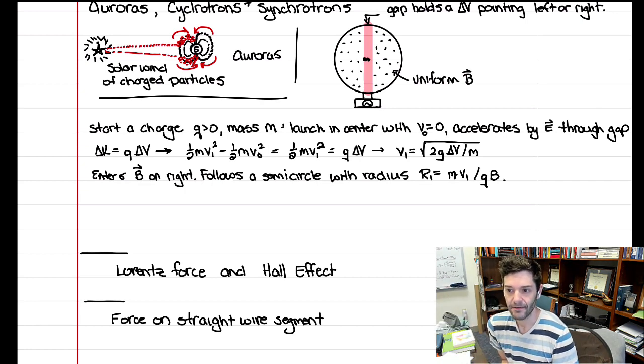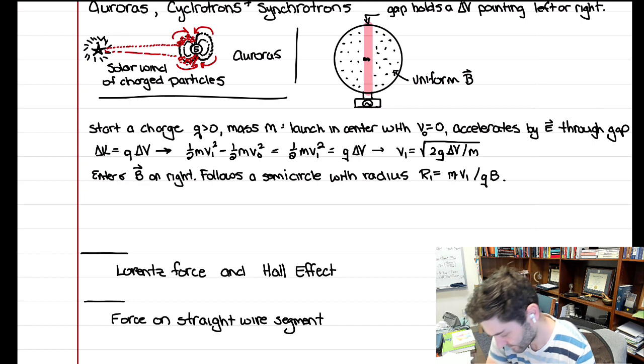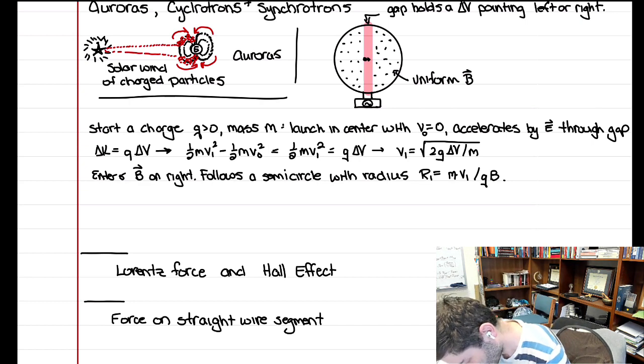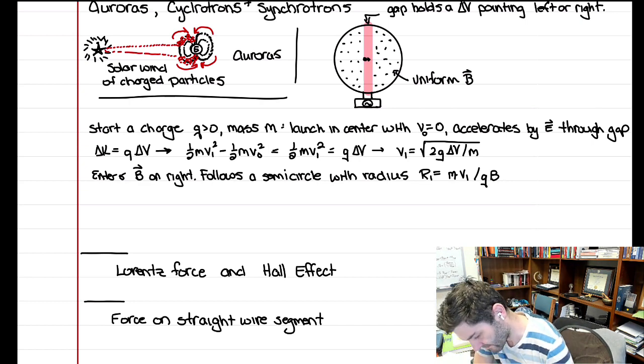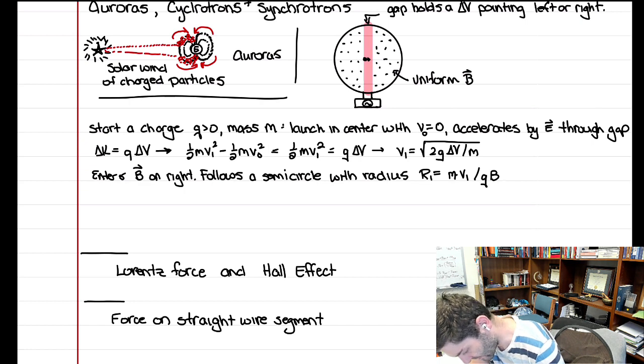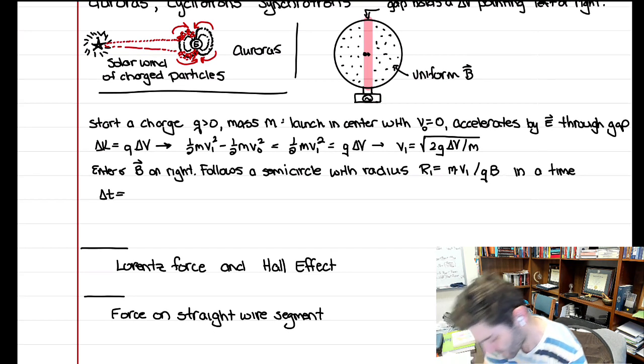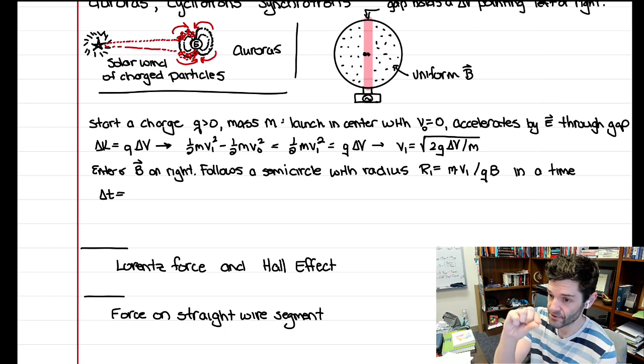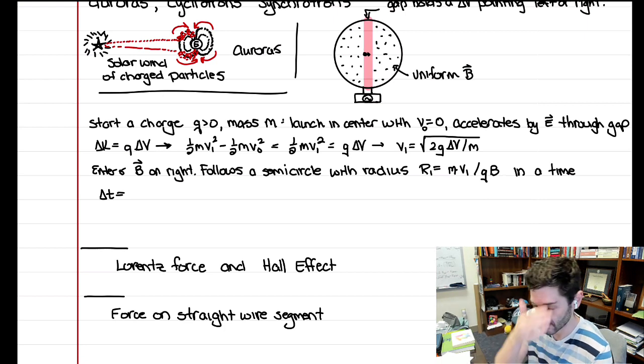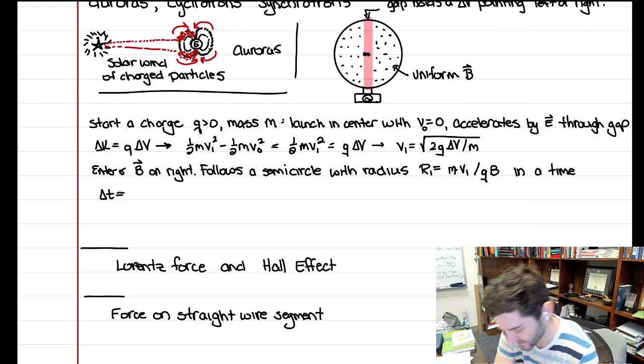We could ask now how long it takes to do that. So it completes a semicircle with radius r1 in a time delta t. Now, this is just geometry. It completes half a circle, and it's always doing it at the same velocity.